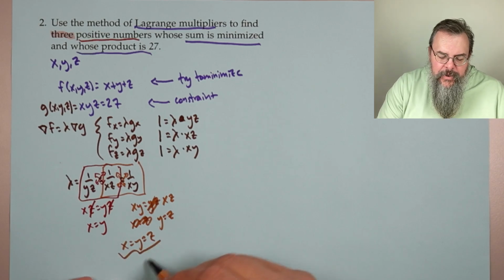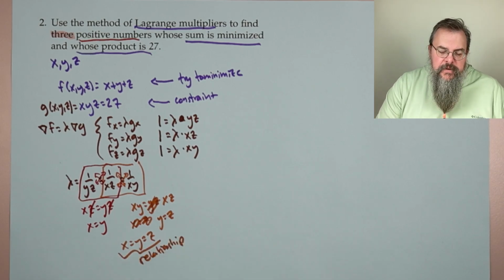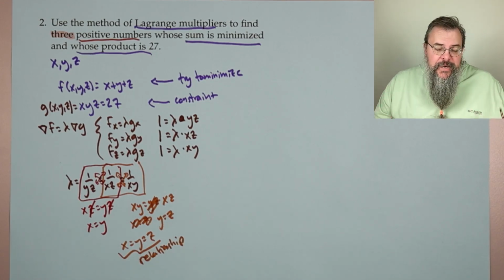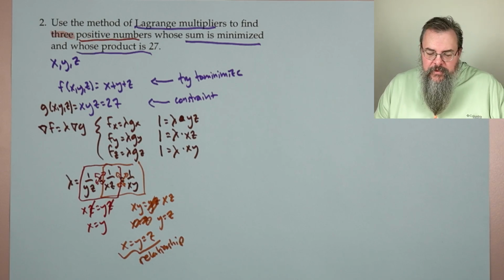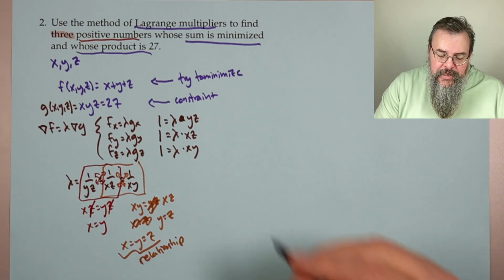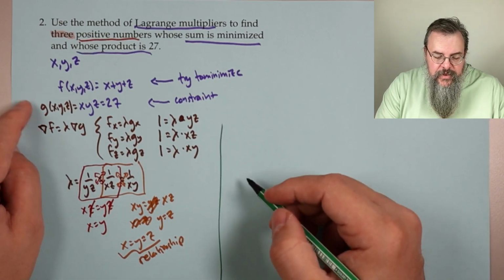So here we have another relationship. And this is always going to be what happens: when you're solving that gradient of f equals lambda gradient of g, a new relationship will come out. And now that we know x equals y equals z, we plug that into our constraint.